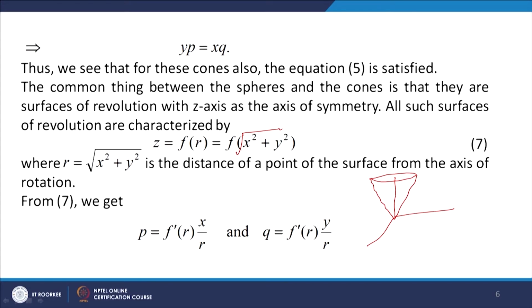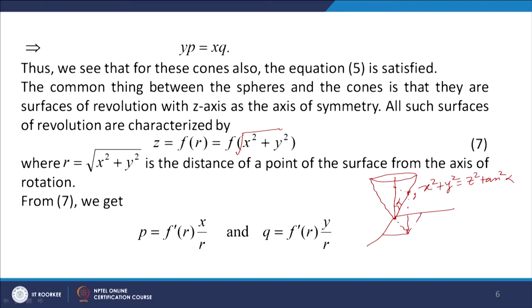here the vertex is at 0 0. So, this is x square plus y square equal to z square tan square alpha. I have taken c equal to 0 here, and this is a right circular cone with semi vertical angle alpha. If you take any point on the surface of the cone, then its distance from the z axis, you can consider the orthogonal projection.